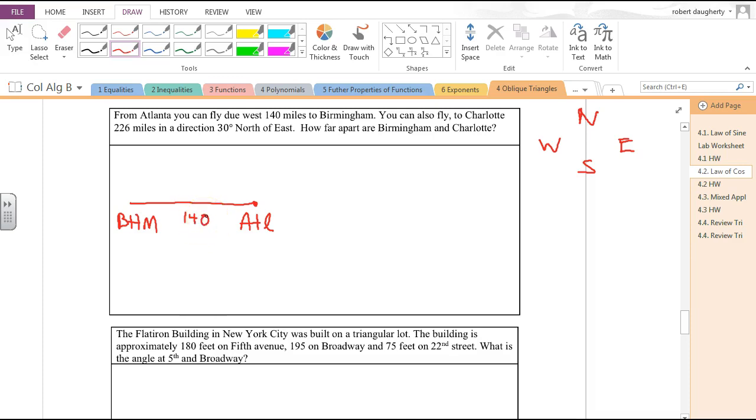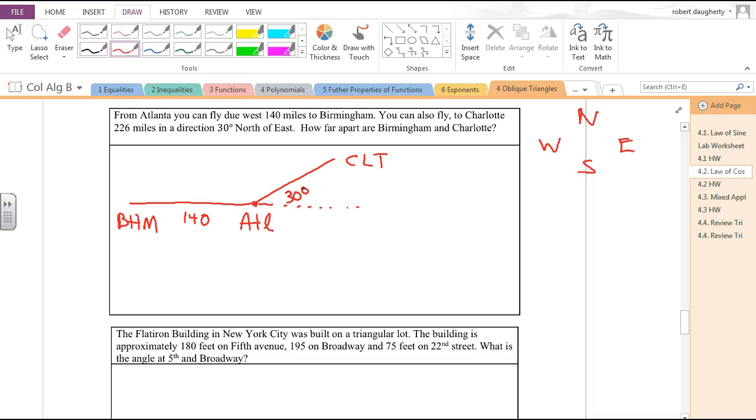You can also fly to Charlotte, which is 30 degrees north of east. Which way is east? Which way is north? Where do you think 30 degrees north of east would be? 30 degrees up. So here is Charlotte.